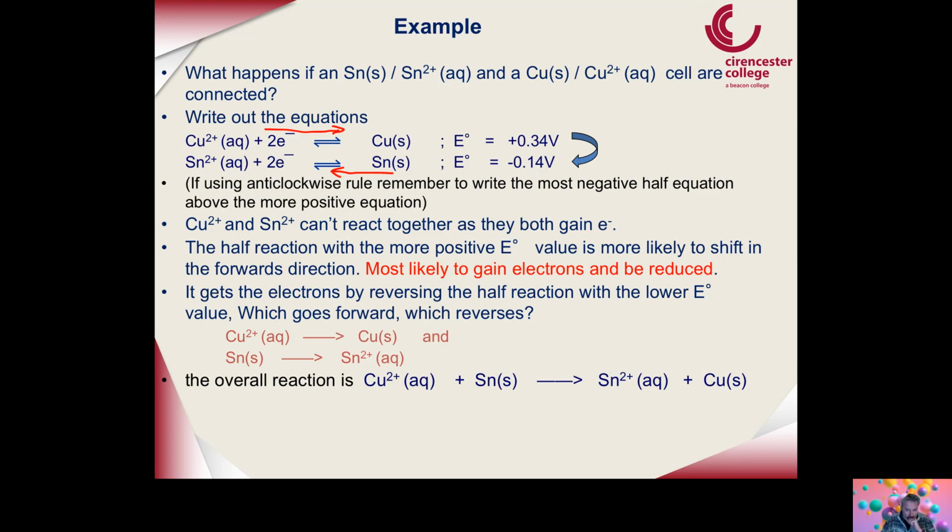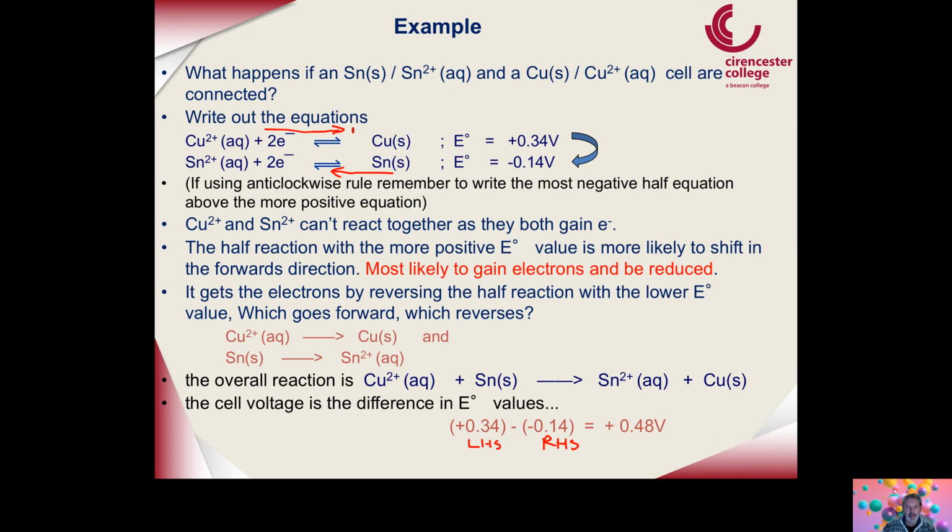So the cell voltage is the difference in the values. And this is the left-hand cell, and this is the right-hand cell. So the more positive one is the left-hand side, and this one is the right-hand side.